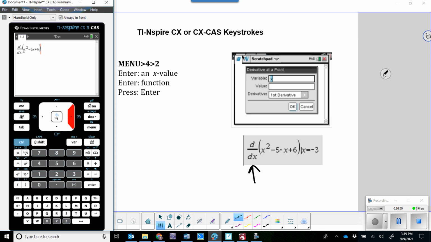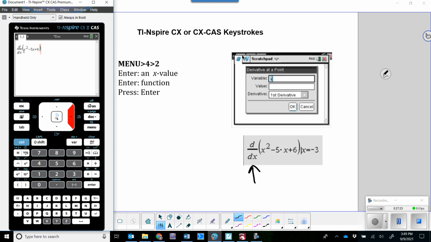You can use this anytime you want to evaluate something at a specific place instead of it giving you every answer. In trig, we use this a lot when we're solving trig equations so that we only get the answers on certain intervals. So here, same kind of thing. I want to do the derivative, but only evaluate it for x equals -3.